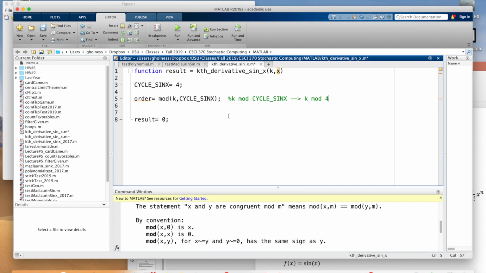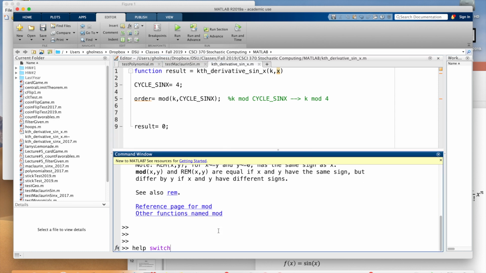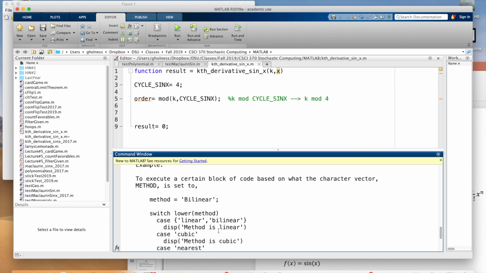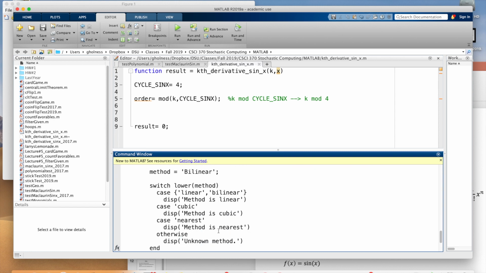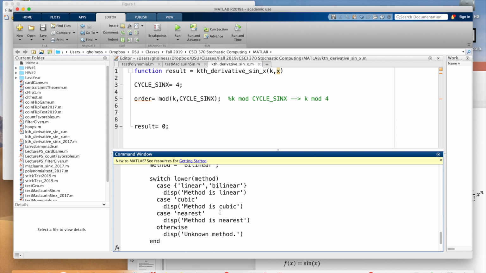If you had a different function and the cycle was more than 4, you would do the same thing. Now we're going to use a switch statement to implement whatever that kth derivative is, and evaluate it at that x value. So let's look at what the switch statement is. Help switch in MATLAB. So we have switch the value and then a bunch of cases.